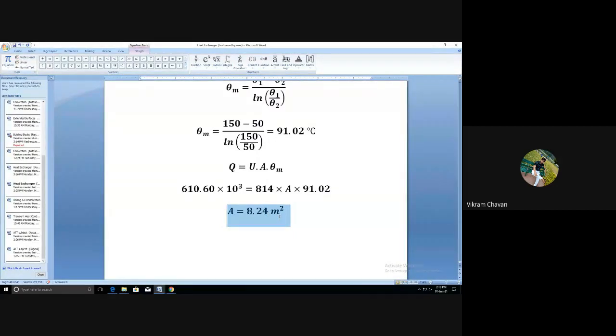Because of that, the counter flow heat exchanger is more effective: less area is required to transfer the same amount of heat as compared to the parallel flow heat exchanger. And proof is in front of you.